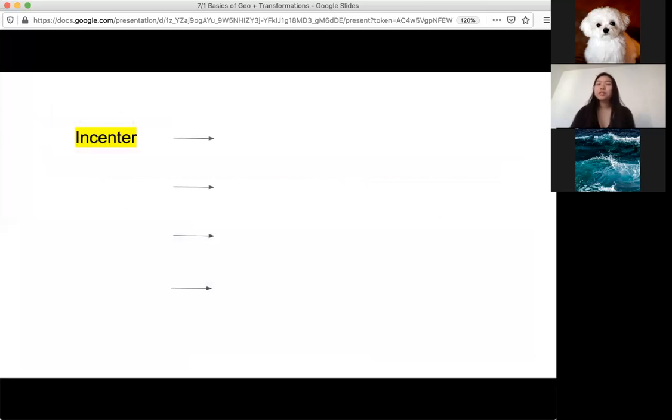So again, just to review everything, the four slides I just went over were a lot. Incenter, remember, is where the circle is drawn or inscribed within the triangle, and that's made up of angle bisectors. Next would be the centroid, which is made up of three medians.